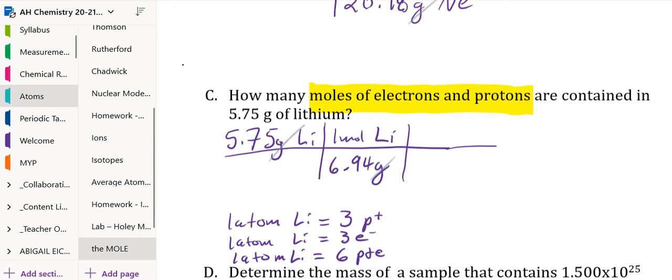So I could talk about 12 students and 120 fingers, or 1 dozen students and 10 dozen fingers. They're the same thing. So when we talk about subatomic particles, we can also say 1 mole of lithium contains 6 moles of protons and electrons.